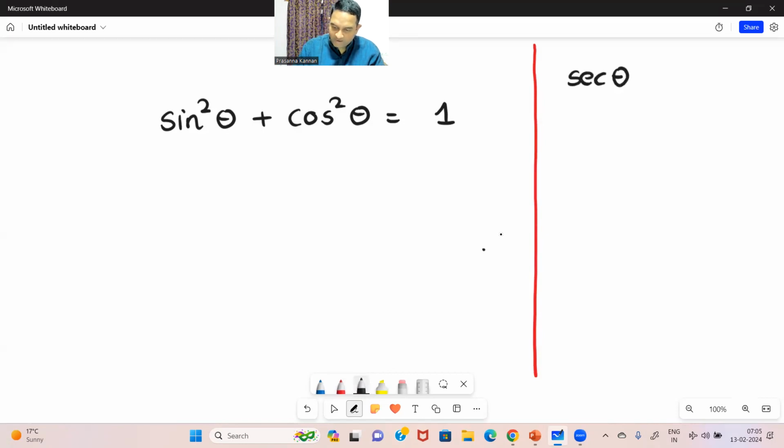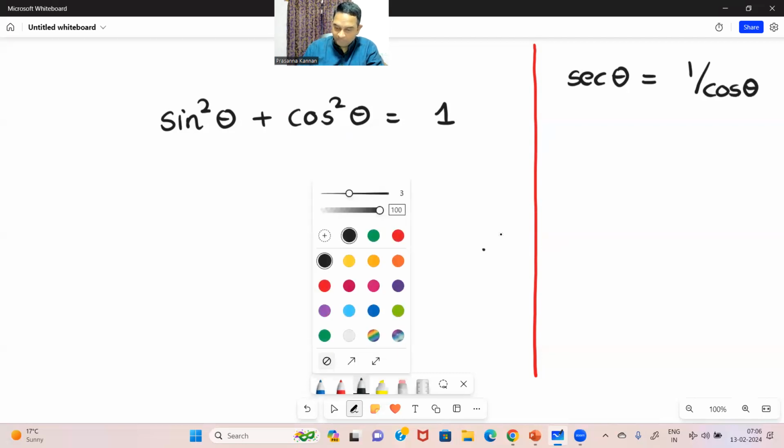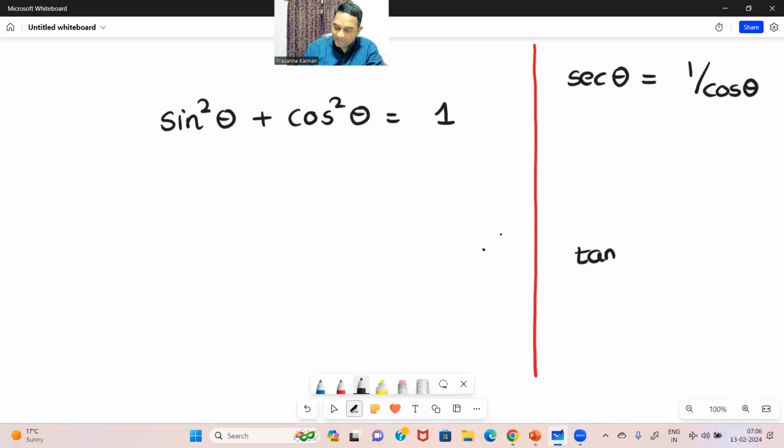Now tell me, what is secant theta? Cosecant theta is the reciprocal of sine theta. Secant theta is the reciprocal of cos theta. And tan theta can be written as what? 1 by cot theta or sine theta by cos theta.